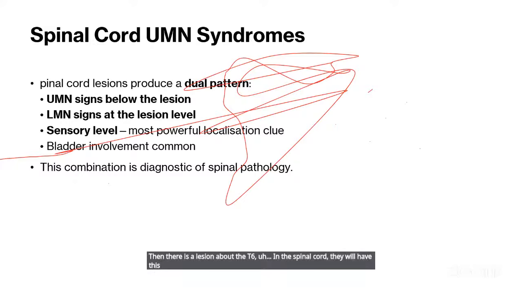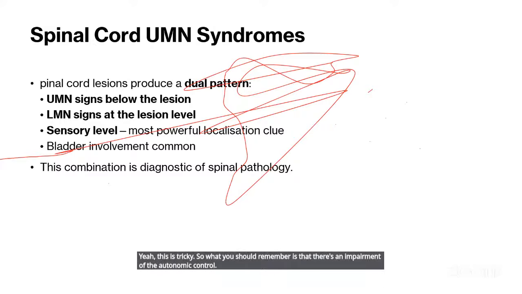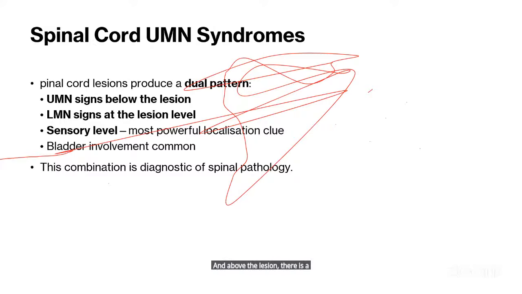Any small noxious stimulus can produce a high sympathetic outflow, like they'll have tachycardia and sweating. Here, this is tricky. What you should remember is that there's an impairment of the autonomic control. Above the lesion, there is a parasympathetic overactivity, whereas below the lesion, there'll be a sympathetic overactivity.